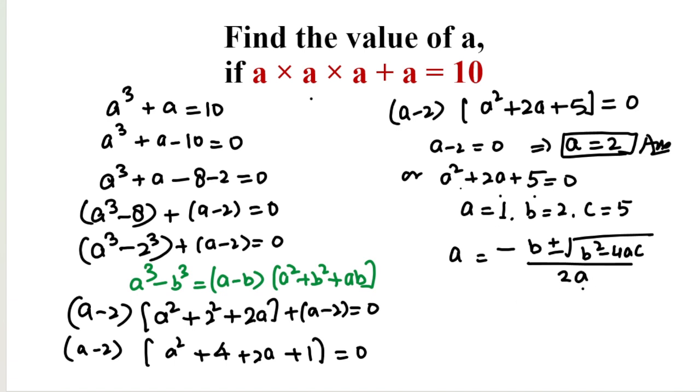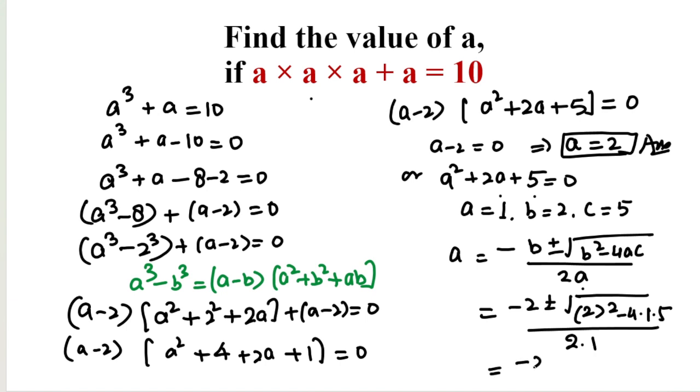This a is the coefficient of a square. तो ये इक्वेशन हमारे पास x square plus 2x plus 5 की तरह भी करेगी. तो अब यहाँ पर -2 plus minus under root क्या लिखेंगे, 2 का स्क्वायर -4 इंटू 1 इंटू 5 upon 2 इंटू 1, and this -2 plus minus under root 4 minus 20 upon 2. Now come to next page.